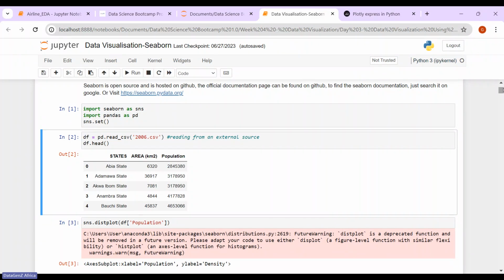Additionally, for people that want to go into core data analysis, you also want to use visualization for data storytelling. You want to use it to create dashboards. For Seaborn and Matplotlib, when you want to use them for dashboard creation, you have to use them with another tool, a front-end display tool like Streamlit.